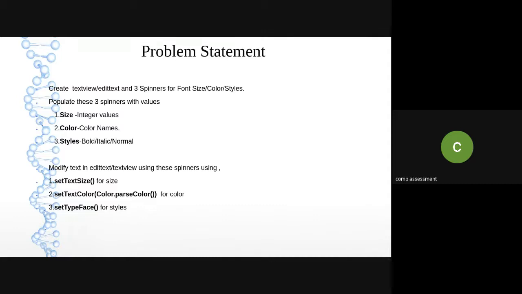I can change the color of the text by using set text color, and for that I am going to pass a color. You can pass that color as just a string which you are adding in your spinner, that is red, yellow, blue, magenta, cyan from your color palette. You can mention the names. That name is converted into a hex color by using color.parseColor.